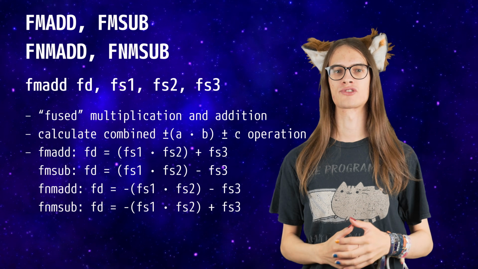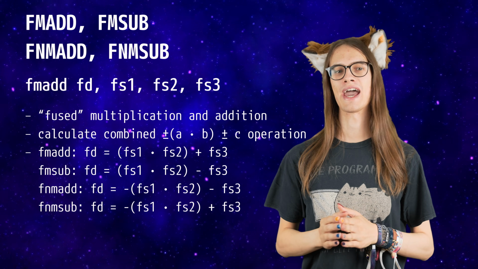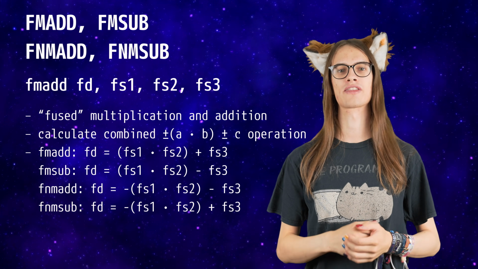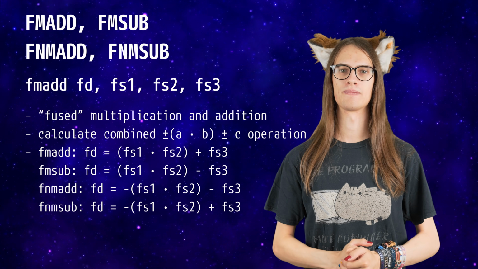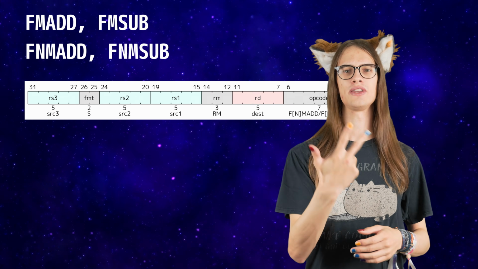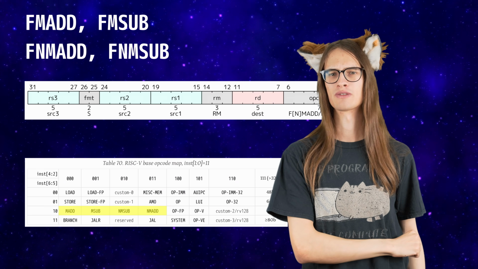Now we come to a very controversial part of the instruction set: fused multiply add. The problem with these instructions is not that fused multiply add is not useful. It is in fact very useful for lots of math, especially linear algebra. The problem is more that these instructions need 3 source operands, which takes up a massive amount of instruction encoding space.